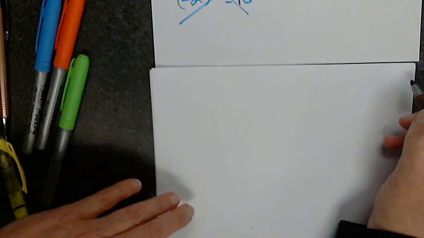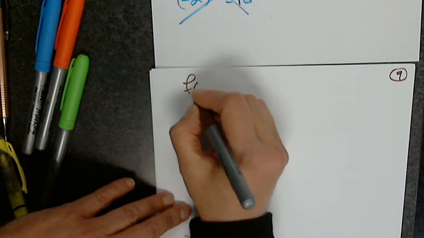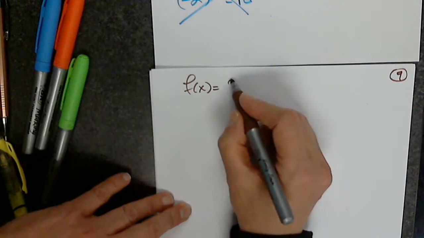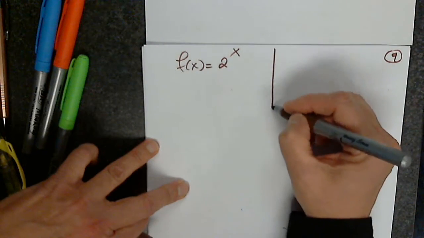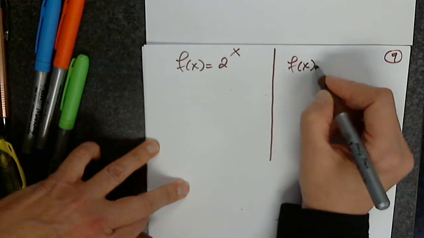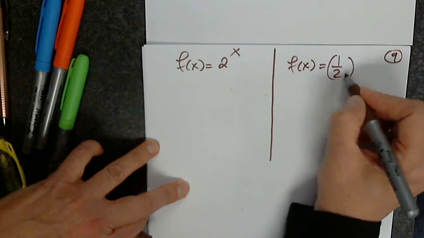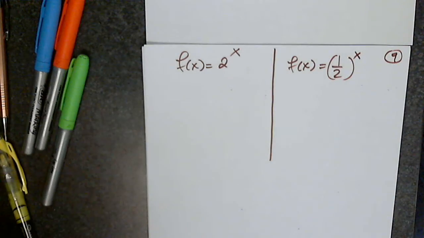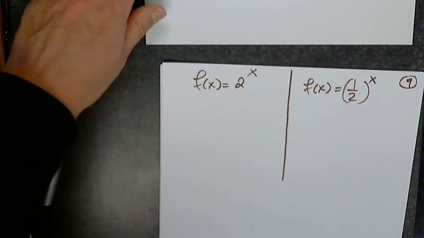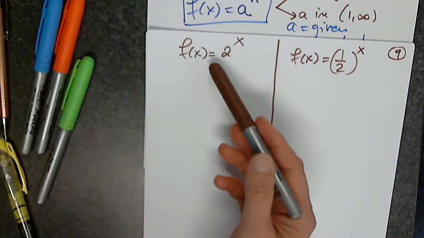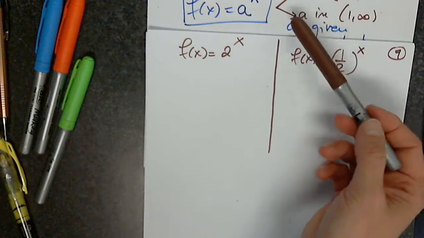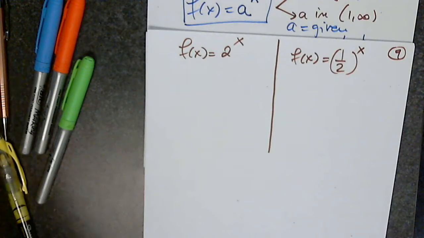And we're going to look at two different situations. So let's look at f of x equals 2 to the x, in parallel to f of x equals, let's say, 1/2 to the x. Can anyone tell us which categories they come from? The first one, does it come from the first category or the second category, the way I wrote them?